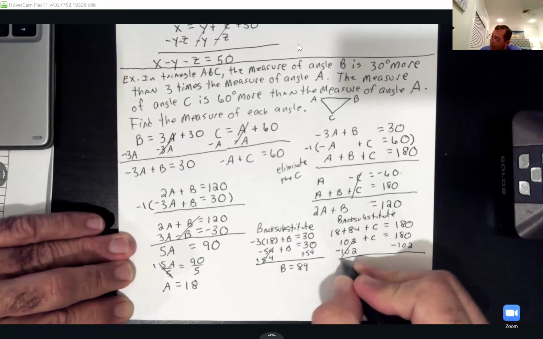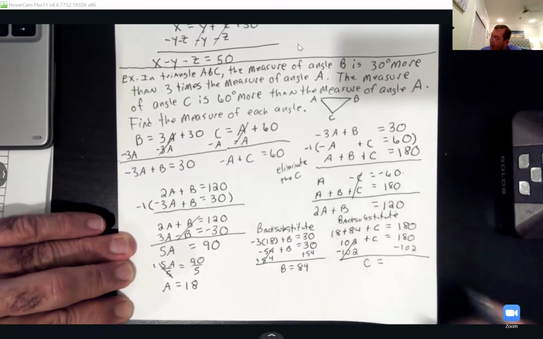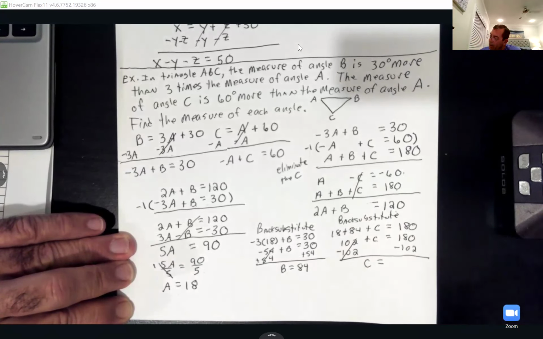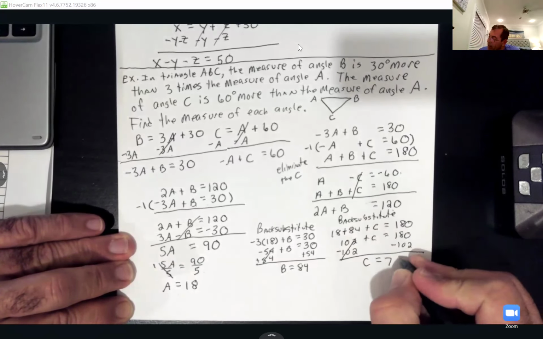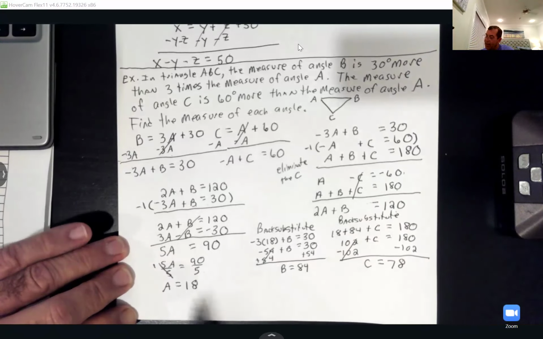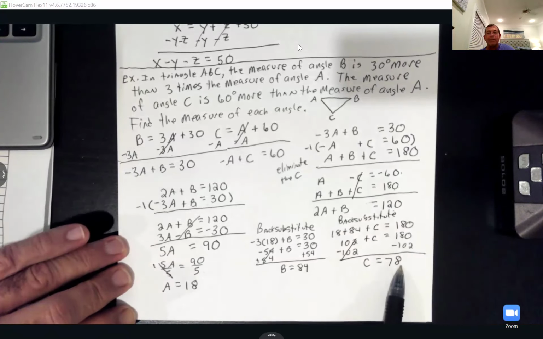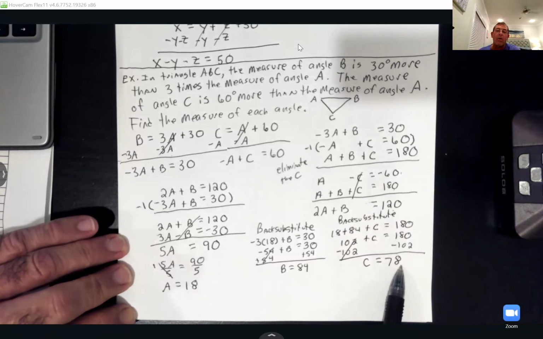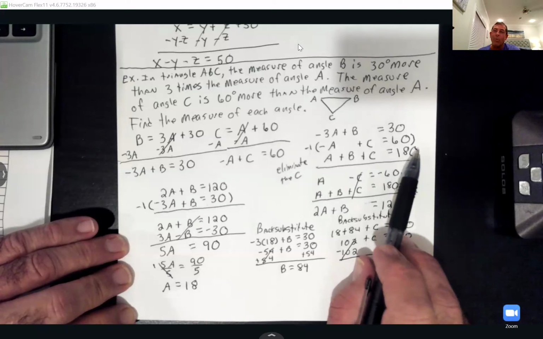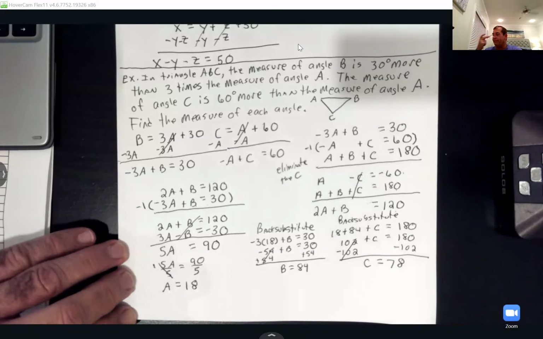So y'all, those cancel. I got my C. And let's see, 180 minus 102 is what? 78. So if you go and add 18, 84, and 78 all together, you're going to get 180 degrees.